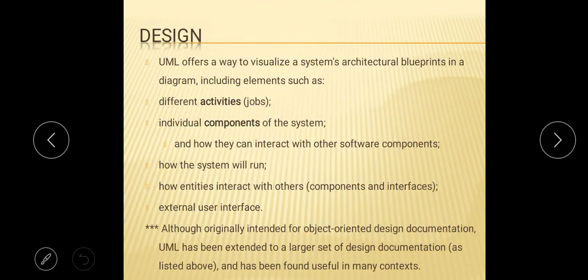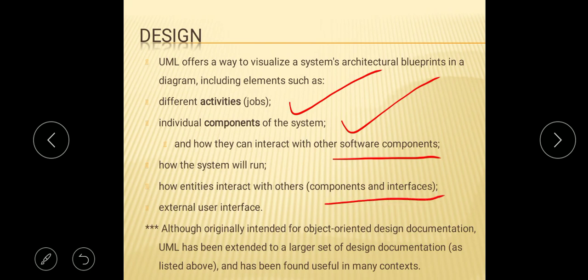Now, coming to the design, UML offers a way to visualize a system's architectural blueprints in a diagram, including elements such as different activities or jobs, individual components of the system, how they can interact with other software components, how the system will run, how entities interact with others like components and interfaces, and the external user interface.